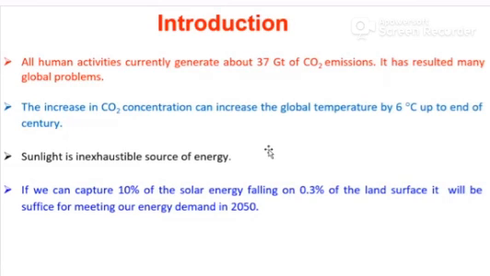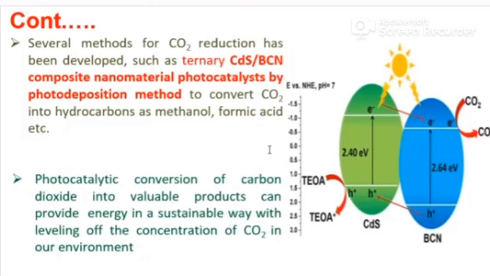So using sunlight, which is an inexhaustible source of energy, if we can capture 10% of the solar energy falling on Earth, on 0.3% of the land surface, it will be sufficient for meeting our energy demands up to 2050.